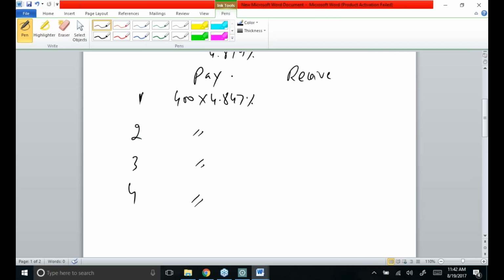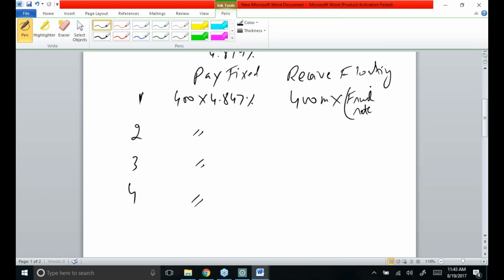So you will pay fixed, you will receive floating, and that is 400 million into the forward rate.